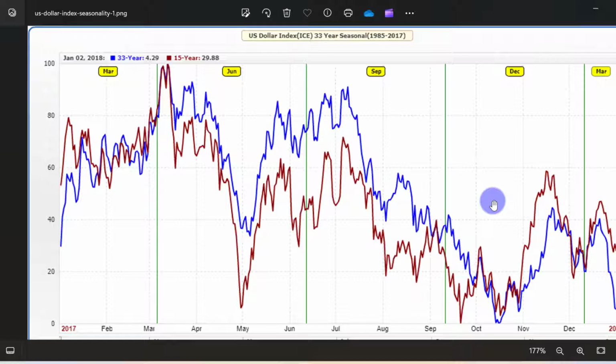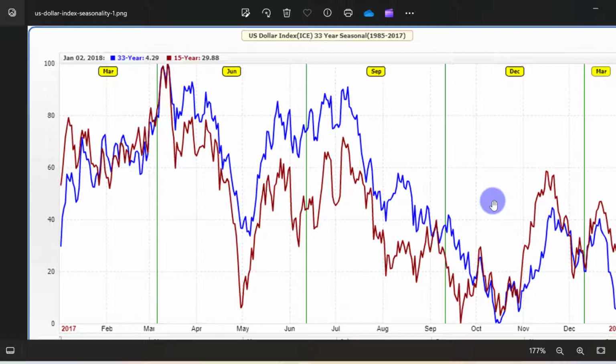Seasonal tendency is literally the tendency of an asset to behave in a particular way in given periods of time. During each period or each season, there are certain reactions we expect to see from different assets or different currencies, and this data was derived from a long period of data.